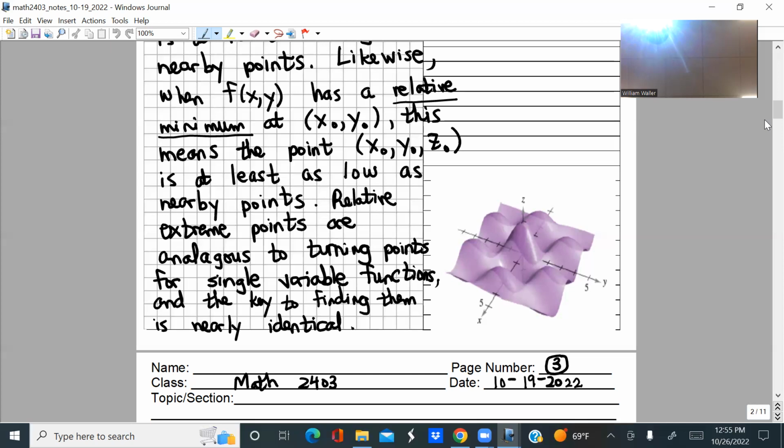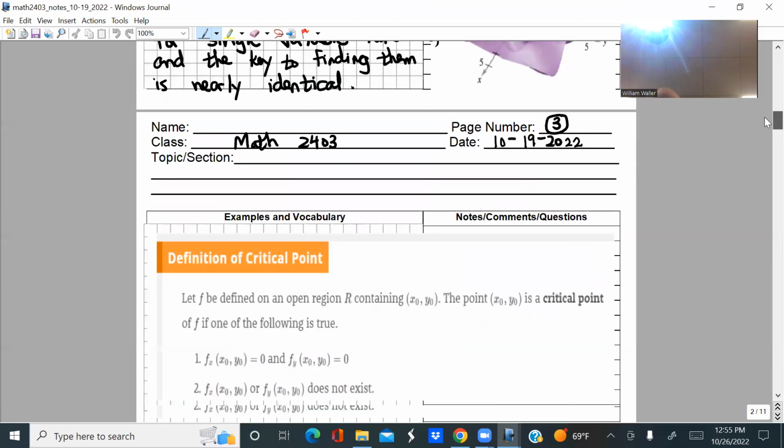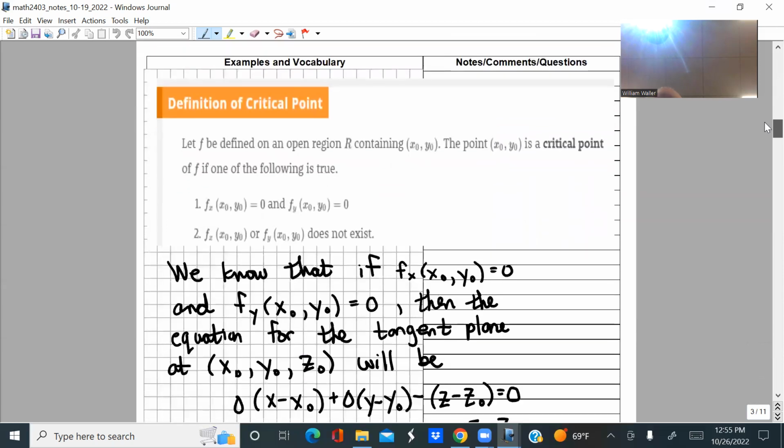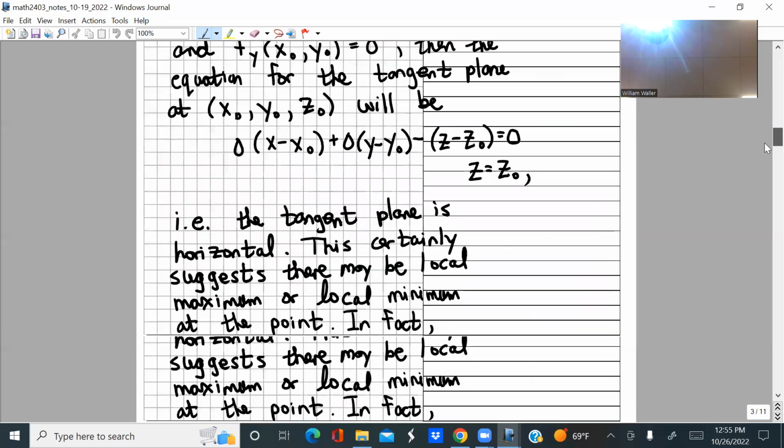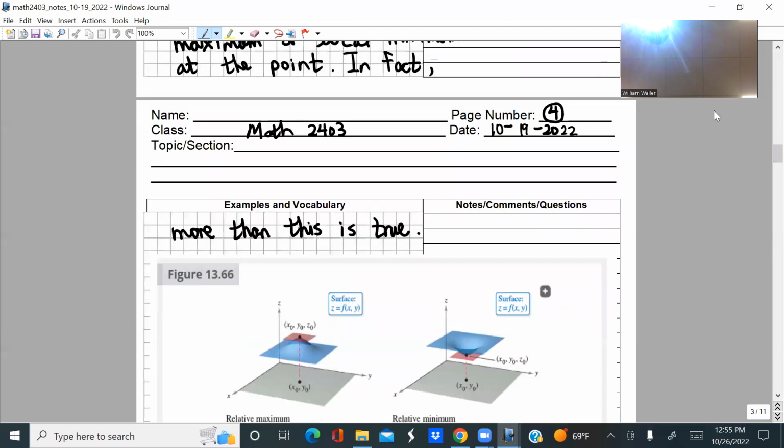Now, what I just mentioned in the previous notes, though, is the key observation here. Okay, all right. You're going to have a relative minimum or relative maximum, that is a peak or a valley, where tangent planes are horizontal.